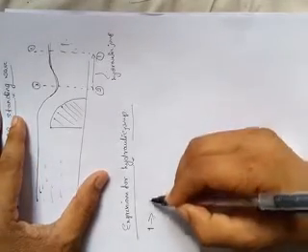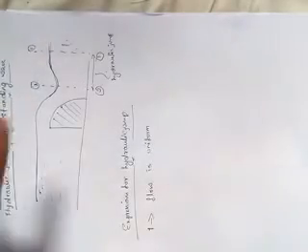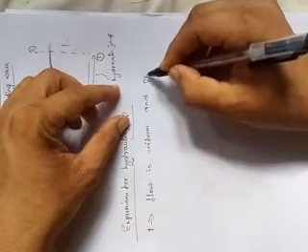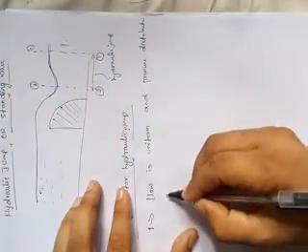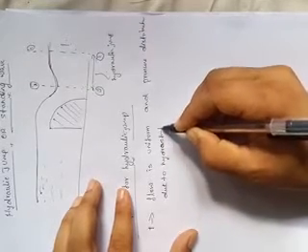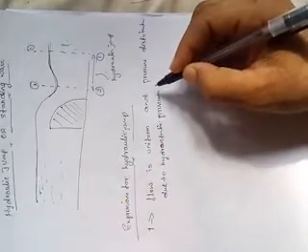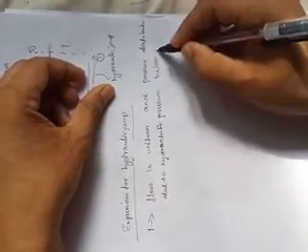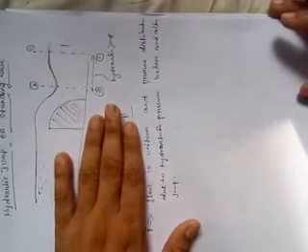The first one: the flow is uniform, and the pressure distribution is due to hydrostatic pressure before and after the jump. This is the first assumption.